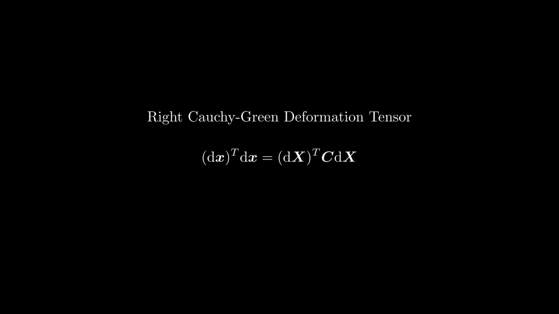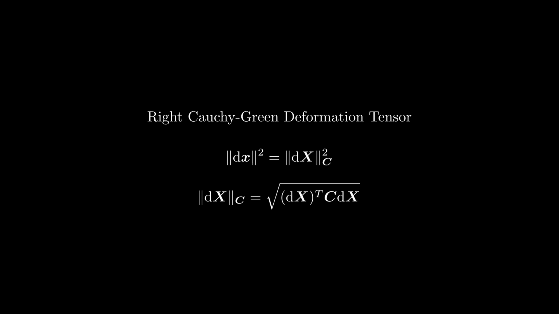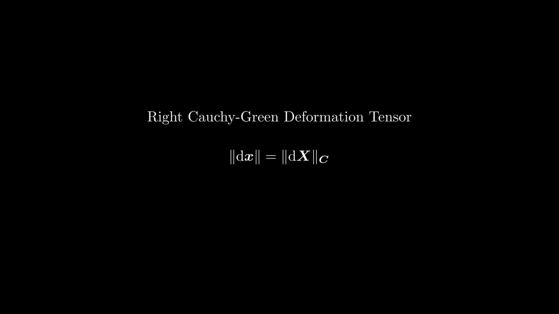Okay, I admit that it is not immediately clear how this formula helps us to interpret C. So let's reformulate this expression a bit by introducing the C norm, which is defined like this. If we substitute this into our expression, we find that the norm of a deformed line element is equal to the C norm of the corresponding undeformed line element.